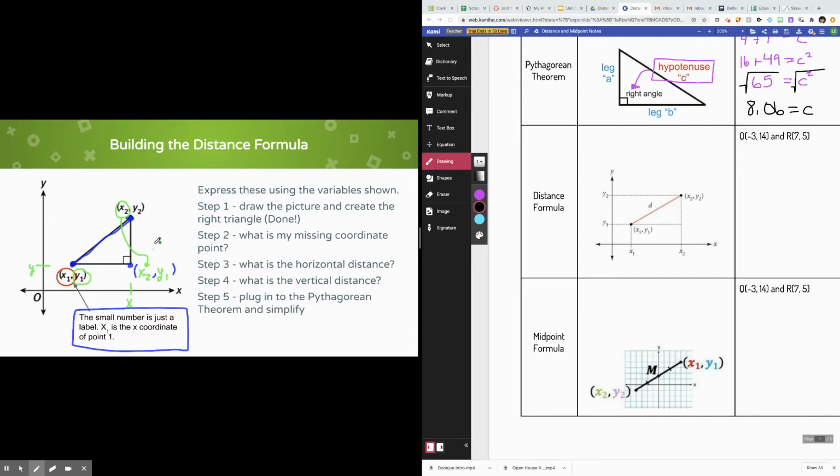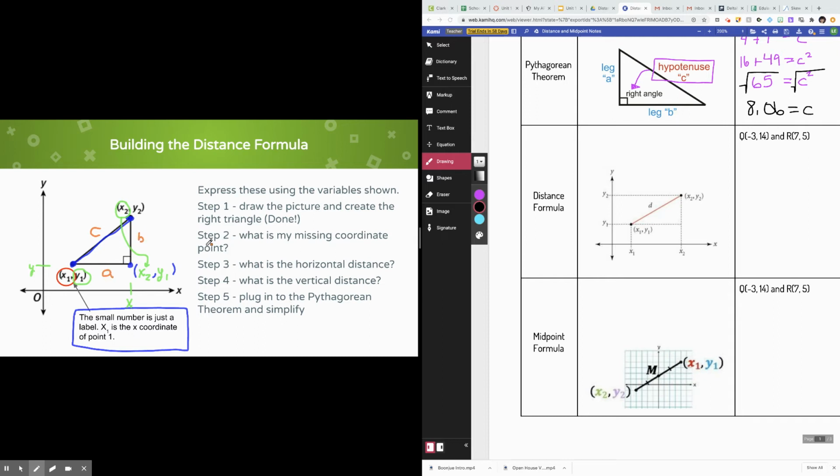If we wanted to use the Pythagorean theorem, because you have a right triangle, the best way to find side lengths right now in a right triangle is the Pythagorean theorem: a squared, b squared, and c squared. What I'm trying to find is c, because that's the hypotenuse of the right triangle, and then you have a and b.